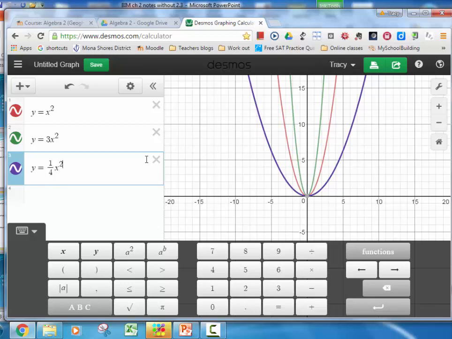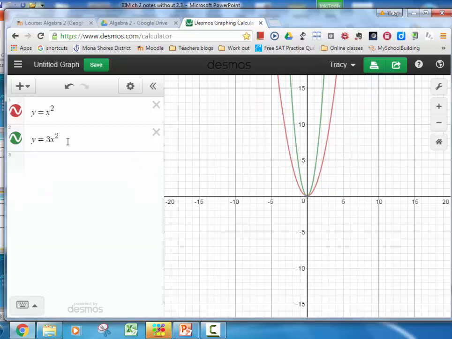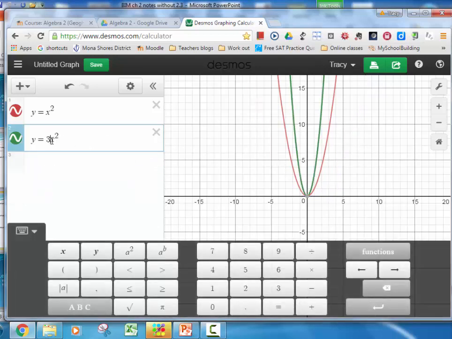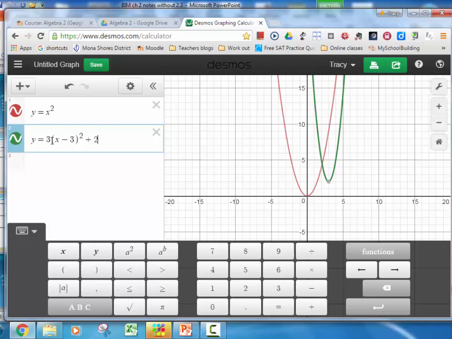Now what if we do a combination? So now the 3 out in front makes it skinnier. The minus 3 inside makes it go to the right 3. And the plus 2 at the end makes it go up 2.